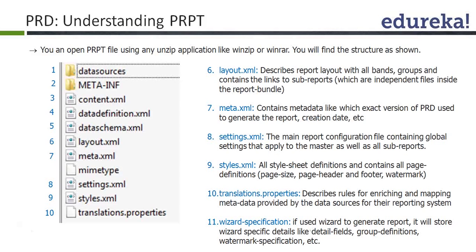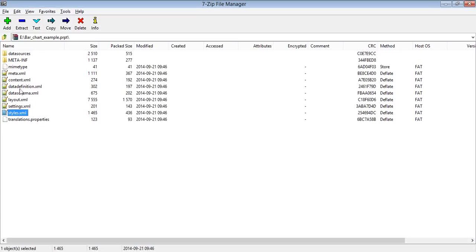Translations.properties, this is something if you want to translate some metadata provided by the data source. So if you have business terms and technical terms, if you want to enrich it, you can describe those rules and translate that metadata to business user data. So that translation dictionary will be here.